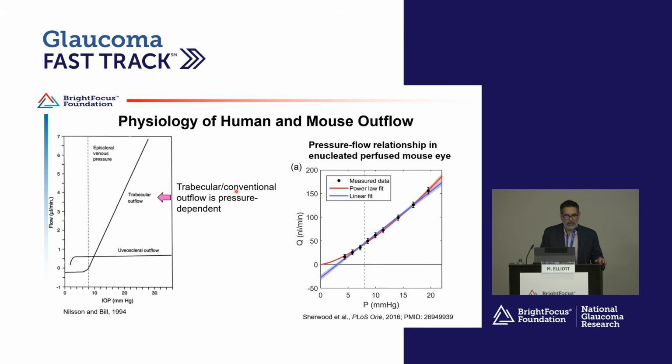So the important thing here is this trabecular outflow pathway is pressure dependent, and as you can see in a study from Sherwood and Daryl Overby, the mouse outflow tissue, this is in an enucleated perfused eye, also displays pressure-dependent outflow.